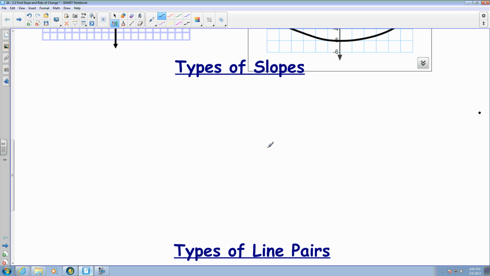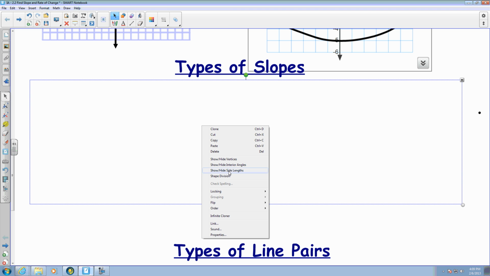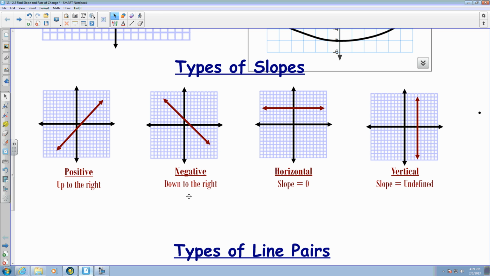So if I am looking at types of slopes, so let's see if I can delete this. Okay, so types of slopes: one that has a positive slope puts the line in a direction looking like this. A negative slope means that either our rise or our run is negative.